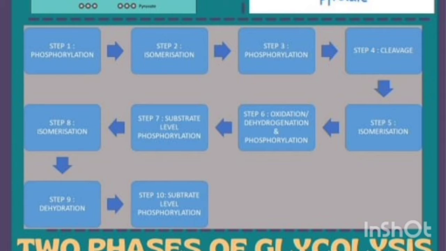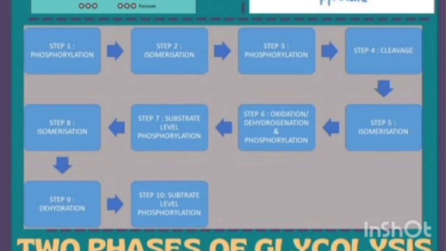Step 3 is phosphorylation. A second ATP is used to phosphorylate fructose 6-phosphate to form fructose 1,6-bisphosphate. This step is catalyzed by phosphofructokinase.